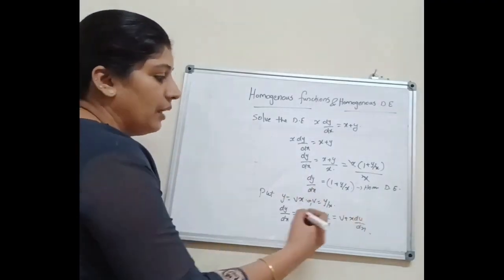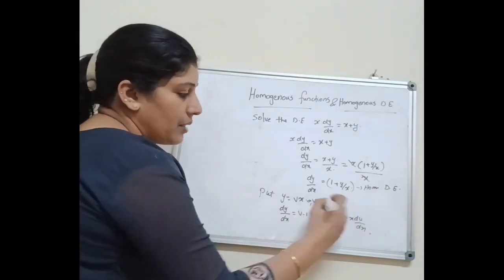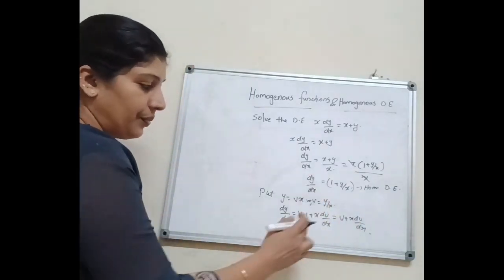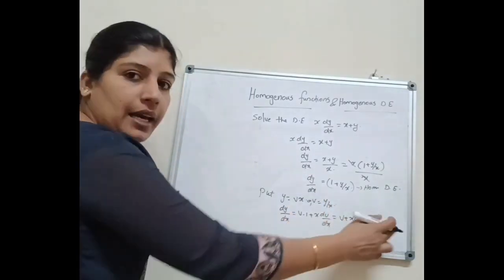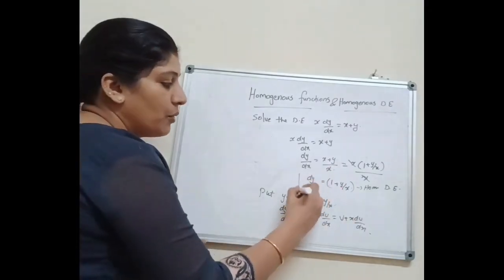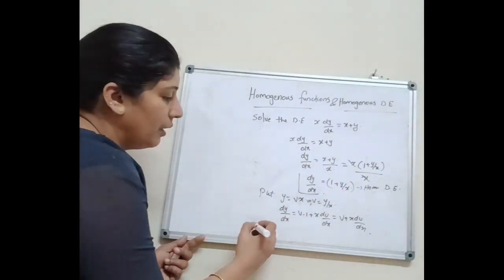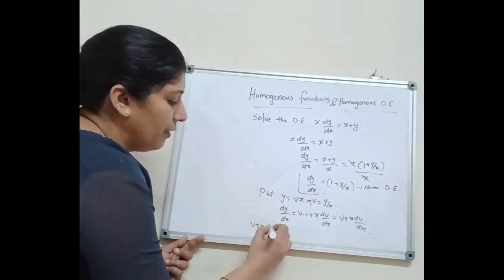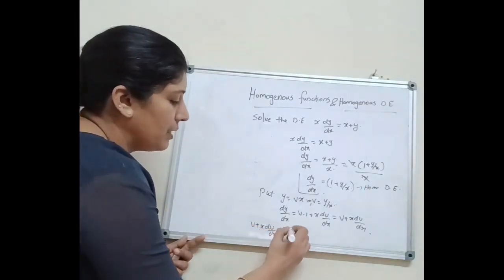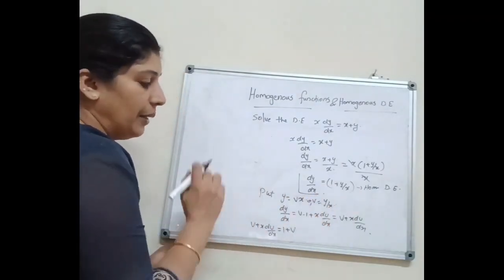Next, substituting y by x equal to v and dy by dx equal to v plus x into dv by dx in this homogeneous differential equation, it becomes v plus x into dv by dx equal to 1 plus v, since y by x equal to v.